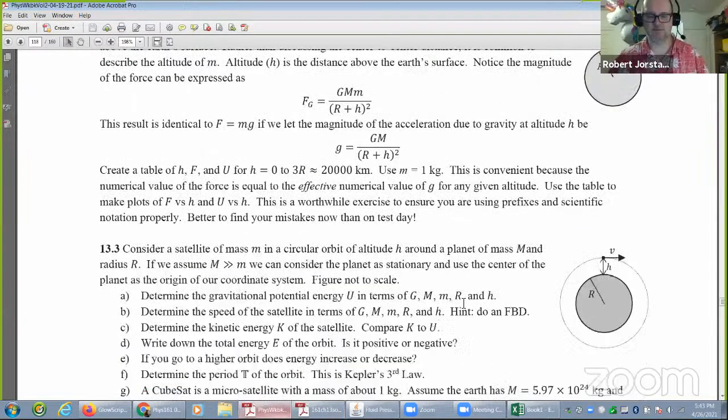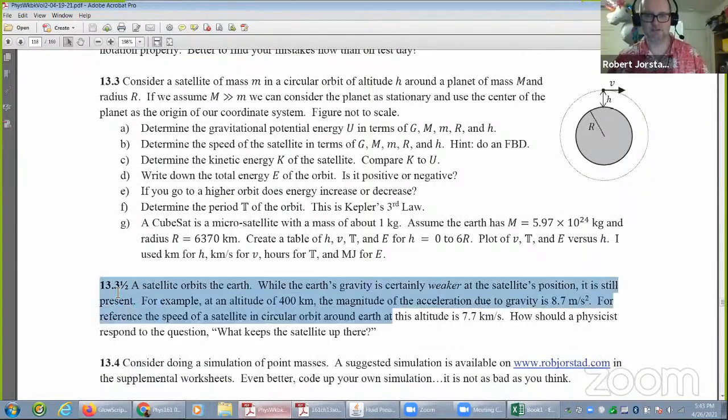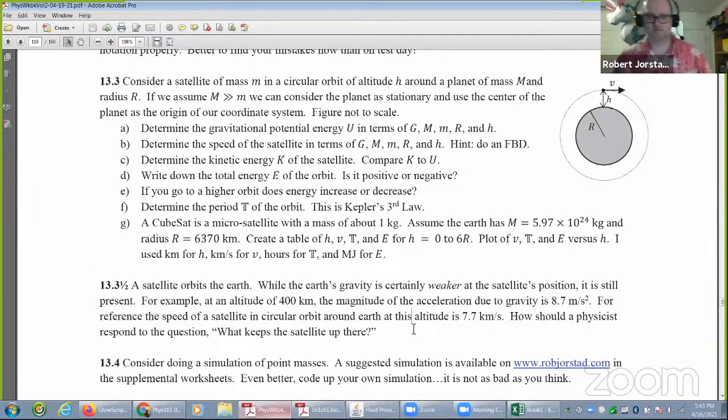Now let me ask you this one really quick. Let's look at 13.3 really quick. A satellite orbits the Earth. Well, the Earth's gravity is weaker at the satellite's position. We just discussed this. At the altitude of 400 kilometers, it's still about 9 meters per second squared. What keeps the satellite up there?